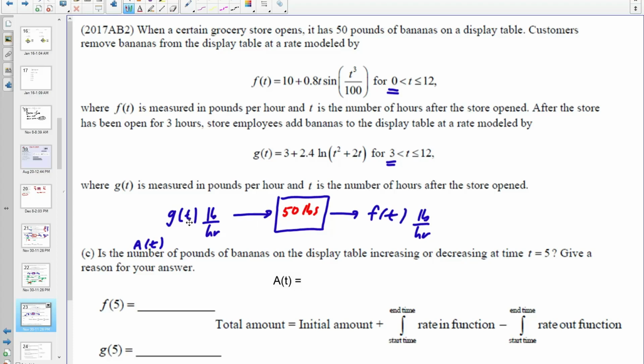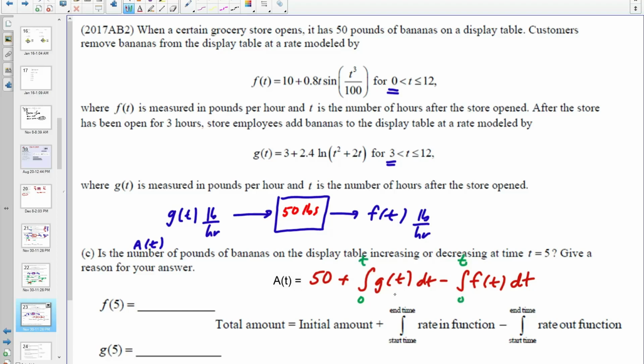To get the amount going in, you integrate the rate going in. To get the amount going out, you integrate the rate out. So the formula for the amount of bananas is what you start with, plus the integral of the rate in, minus the integral of the rate out, with dt, and time goes from 0 to t.